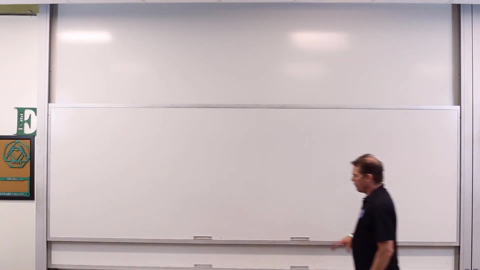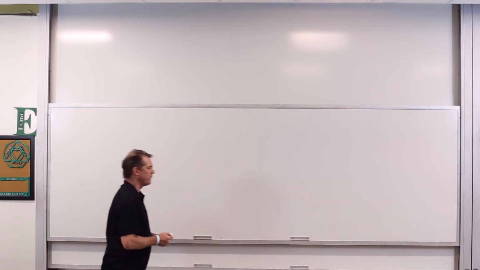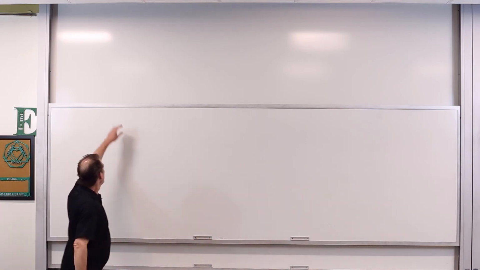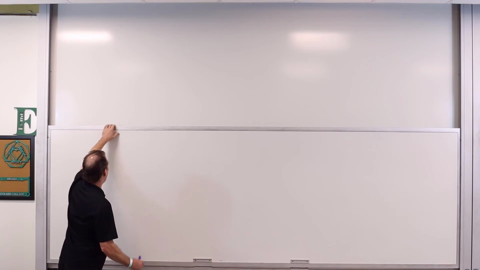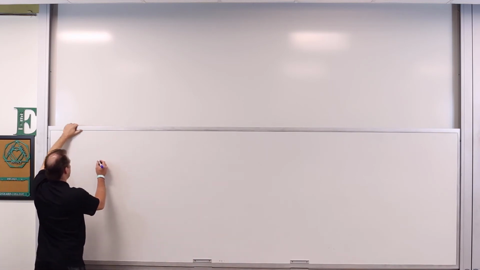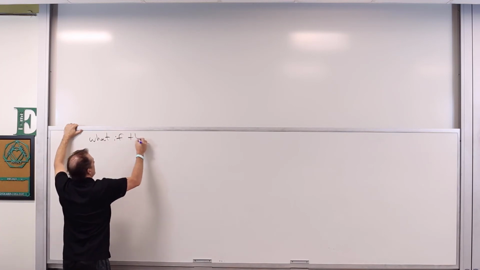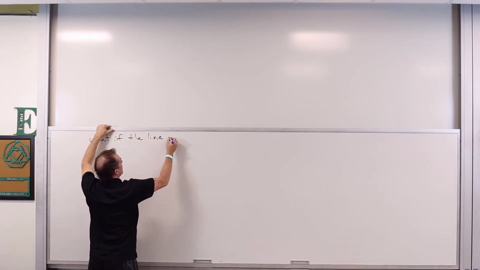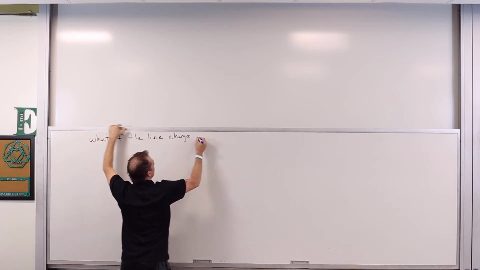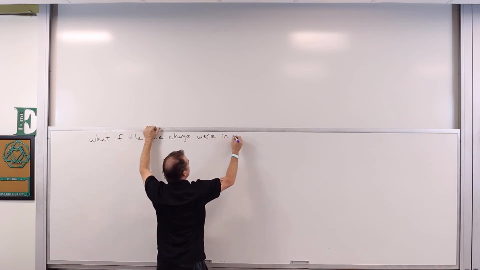All right, so before I actually do the problem, there's one other piece of information that I want to give regarding the line charge, and the question would be, what if the line charge were infinite?